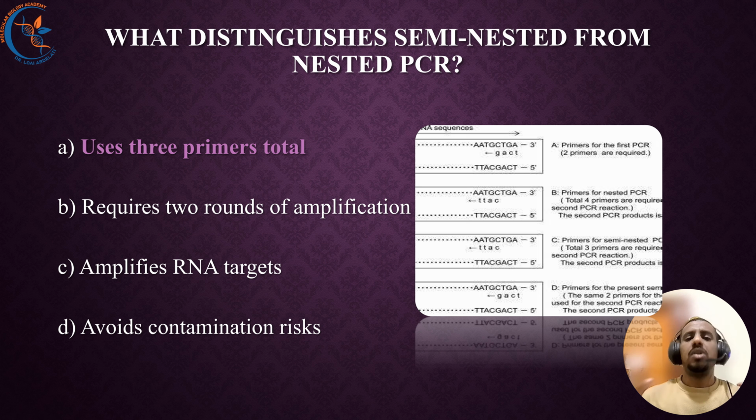Semi-nested PCR uses one original primer and one new primer in the second round, in total three primers, while nested uses four primers. Okay. Actually, both require two rounds in option B, but primer count distinguishes them. Okay, let's move on.